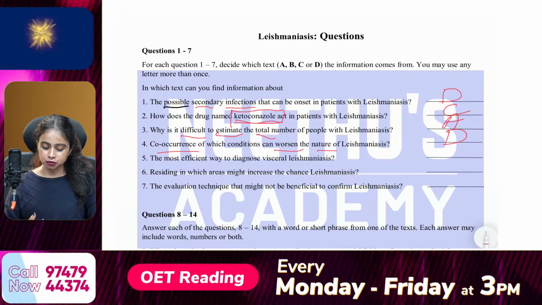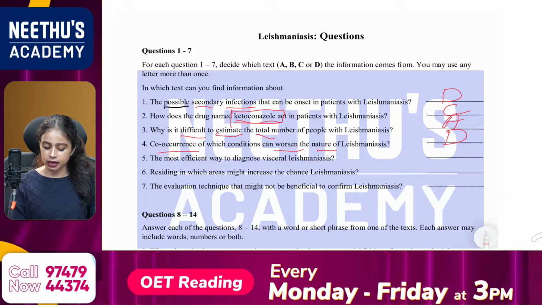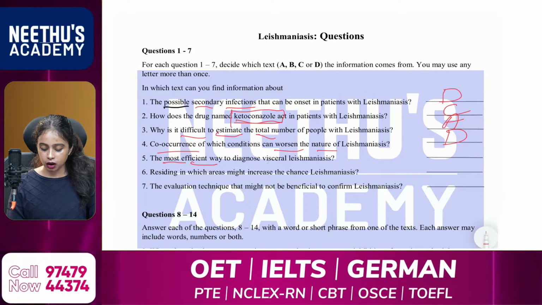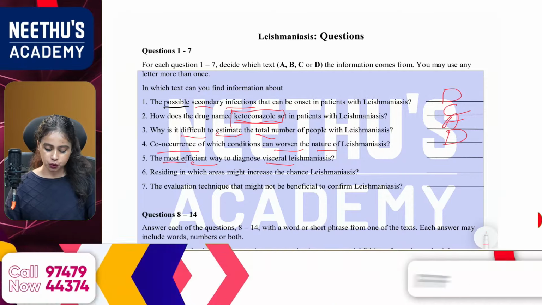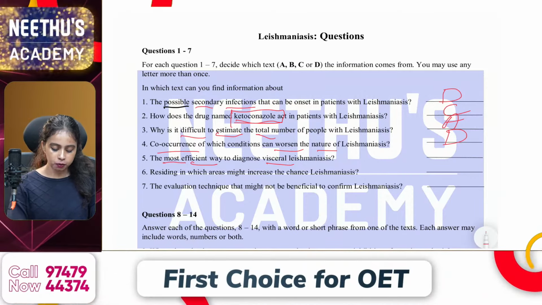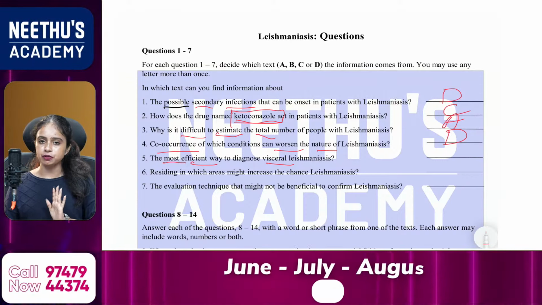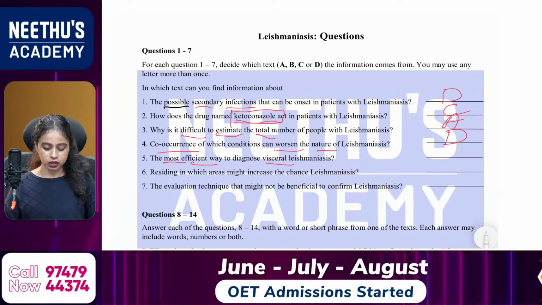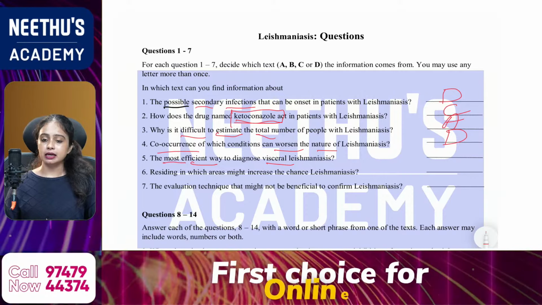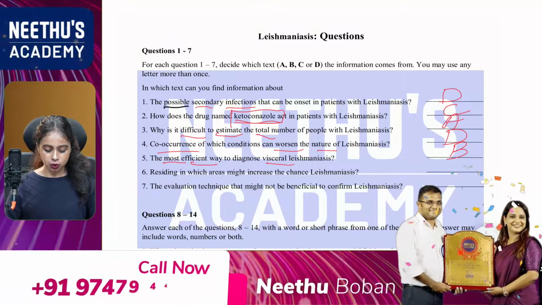Then I am jumping to the fifth one, the most efficient way to diagnose visceral leishmaniasis. Most efficient, visceral. So what is your answer? Yes, Noble, Anu, Reshma, Juby. Yes, it is text D for the fourth question. What about the fifth question? Okay, Juby, it is text B. Anu got the correct answer.